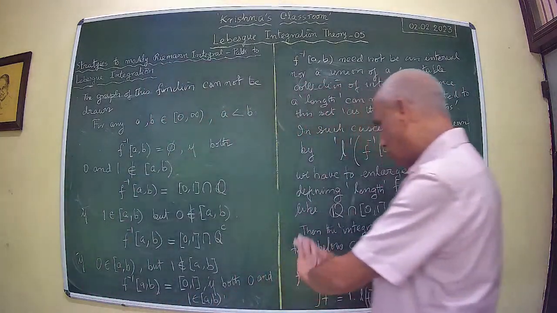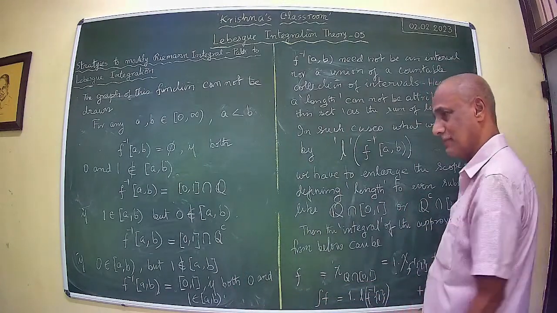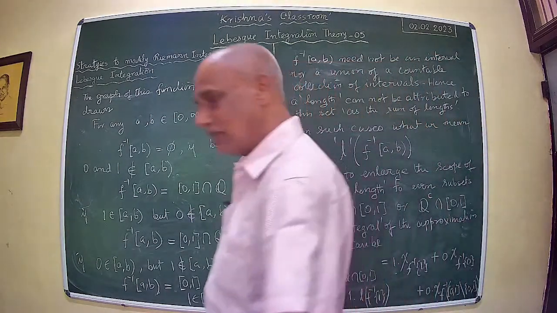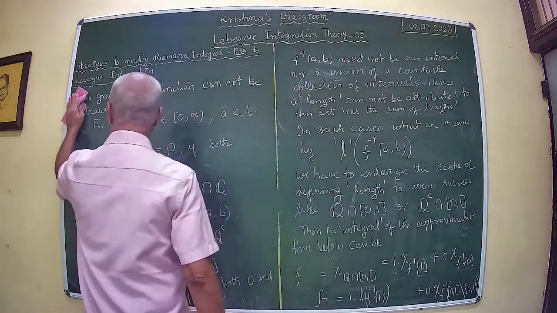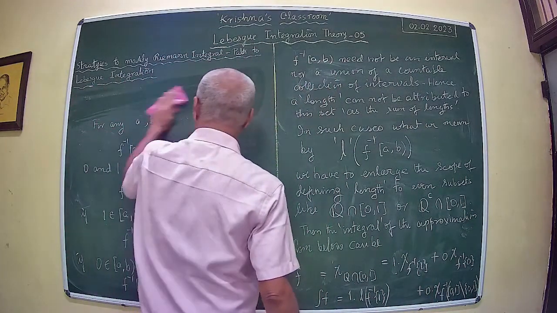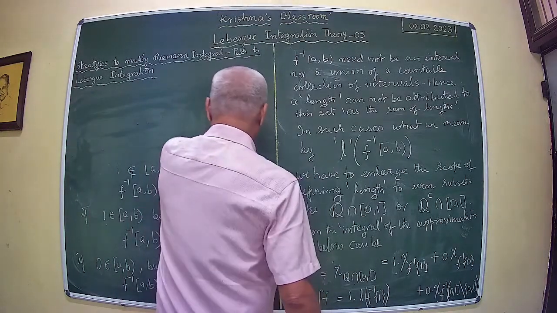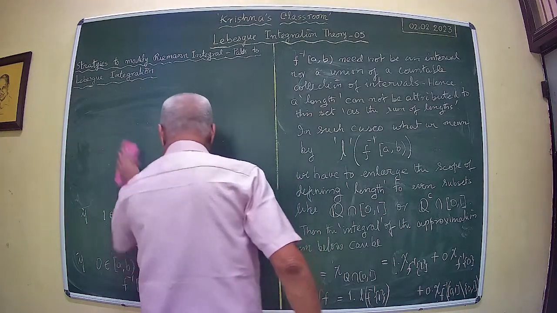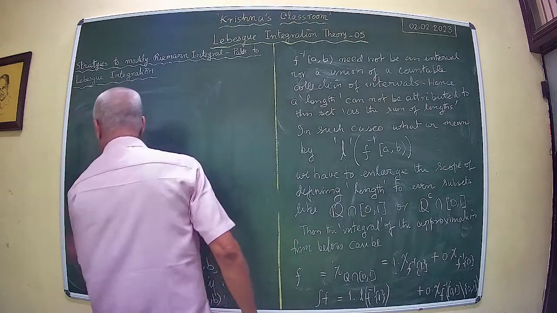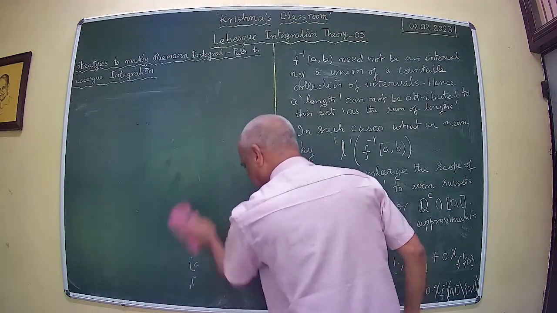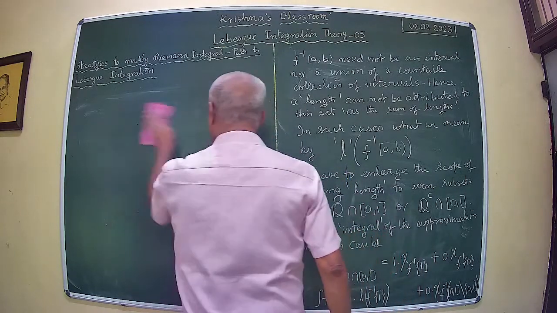Therefore, the whole concept has to be reversed. Okay. So in general, I'll stop here. In general, what we are left with is the task of talking about lengths of arbitrary sets in the domain.